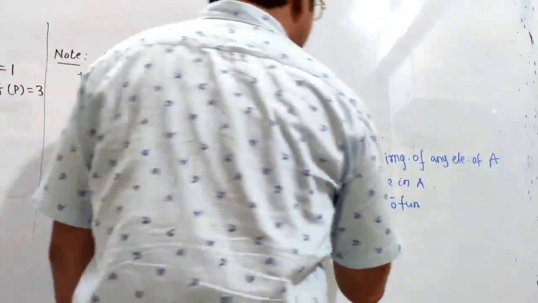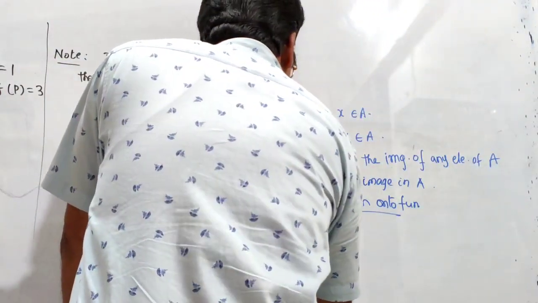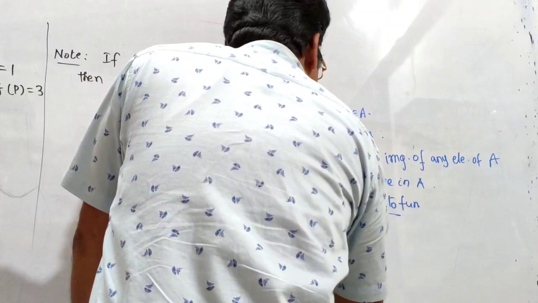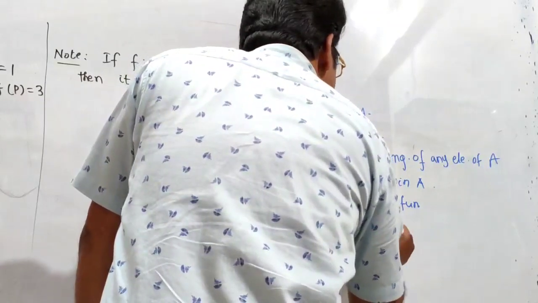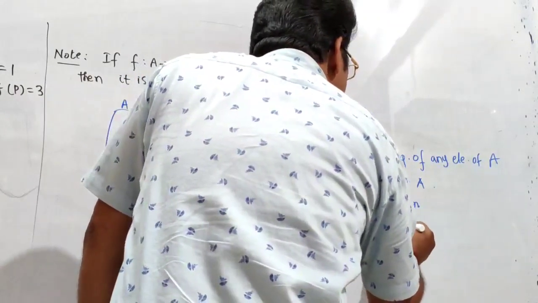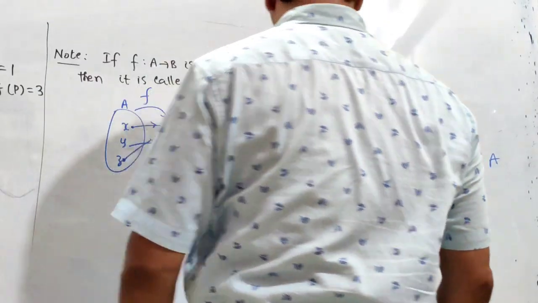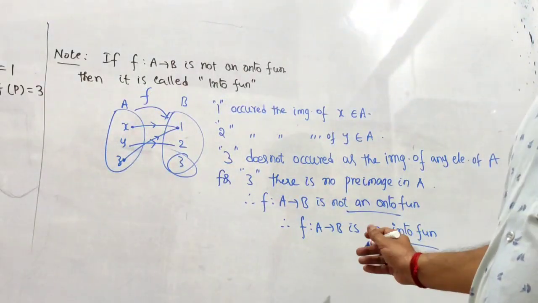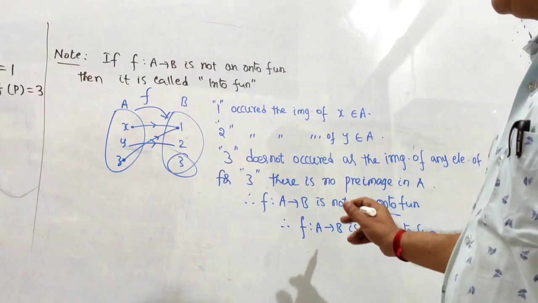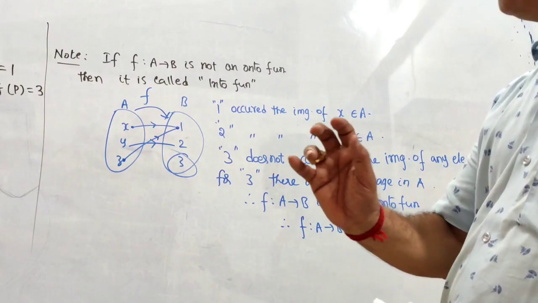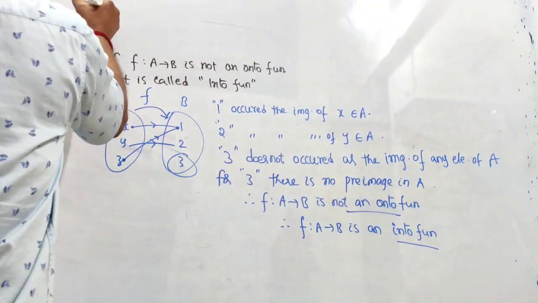So whenever it is not an onto function, f from A to B is an into function. Okay, this definition is over. Next, another simple definition: bijective function.